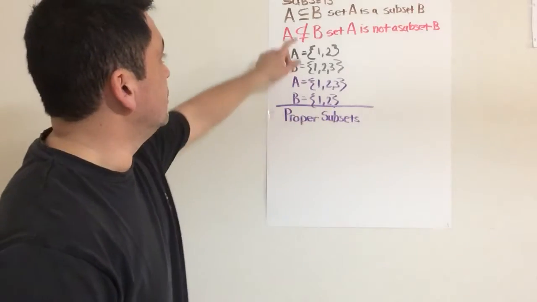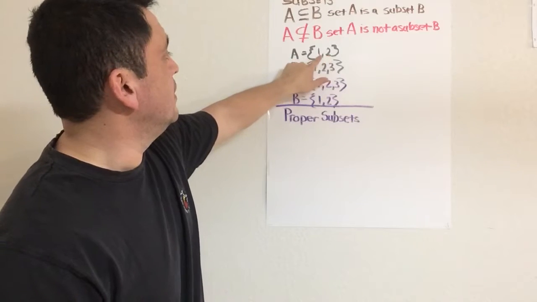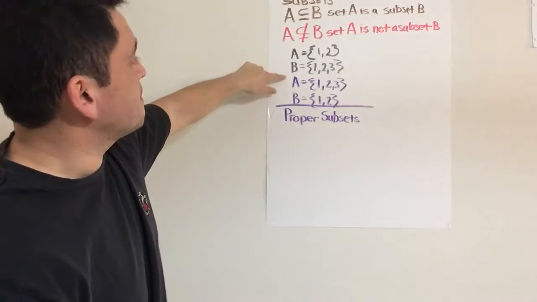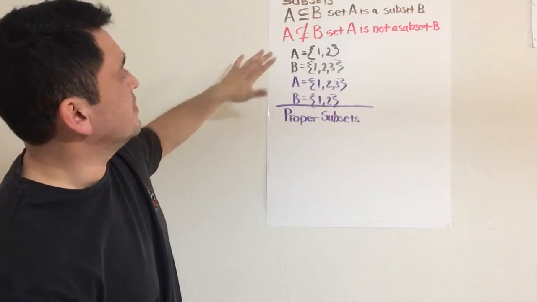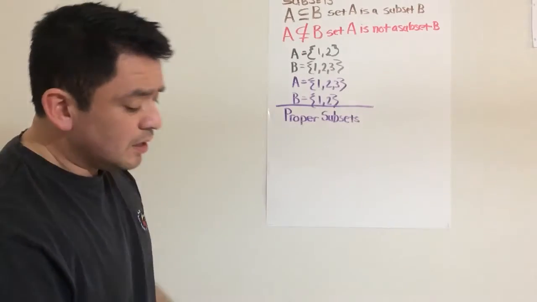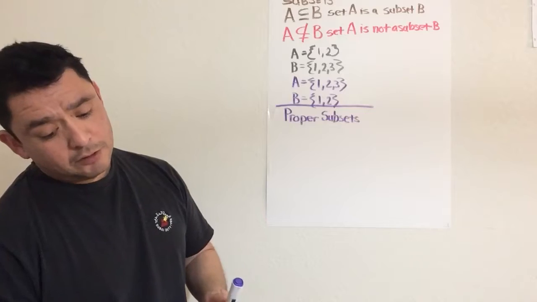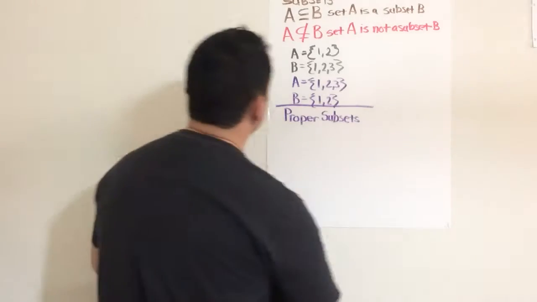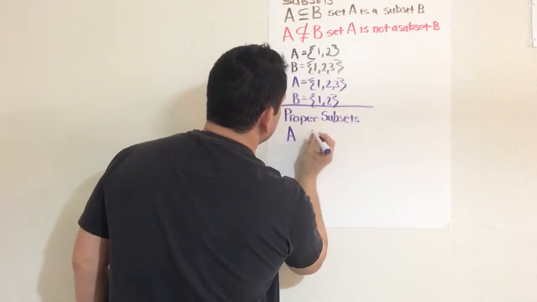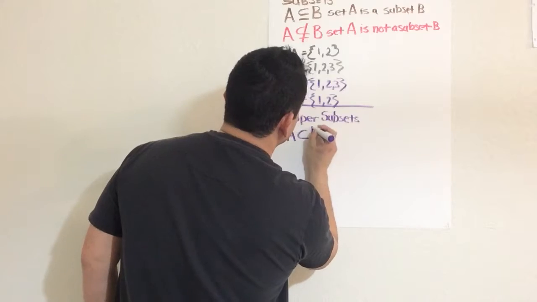Now I just told you that this one, set A, has elements 1 and 2, and those two elements are of B. Set A is a proper subset of B. It's still the same as set A is a subset of B. Now let me write what the symbol for proper subset looks like. Let me look at my notes. Written as, set A is a proper subset of set B.